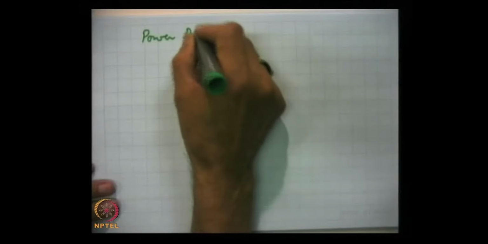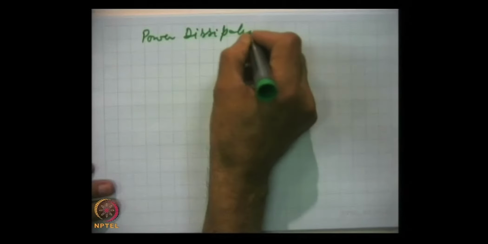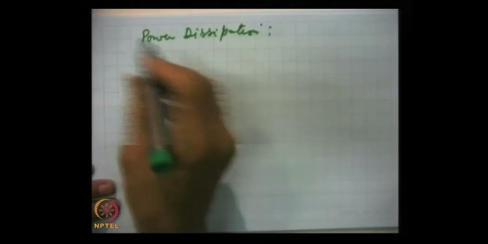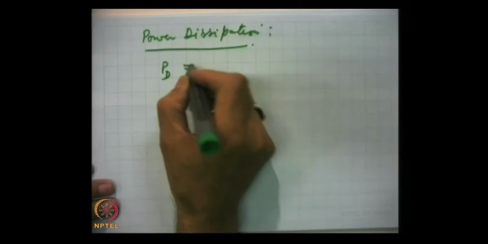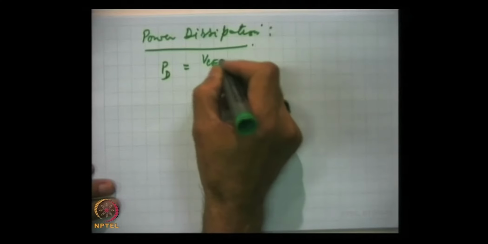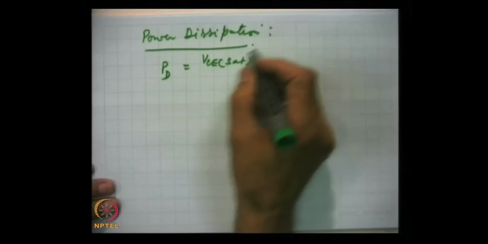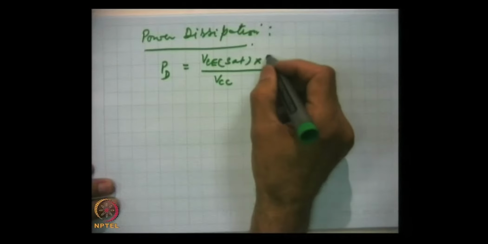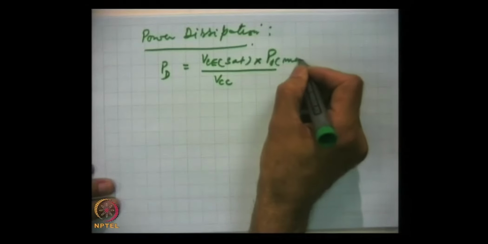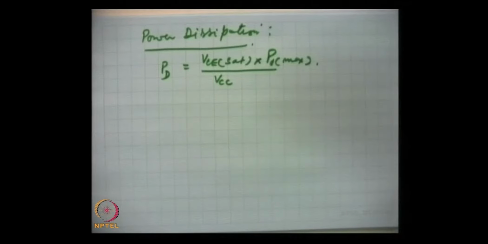Now, after efficiency, the last thing is power dissipation, which is also very low in this circuit. Power dissipation PD can be shown to be equal to VCE set by VCC times P0 max.